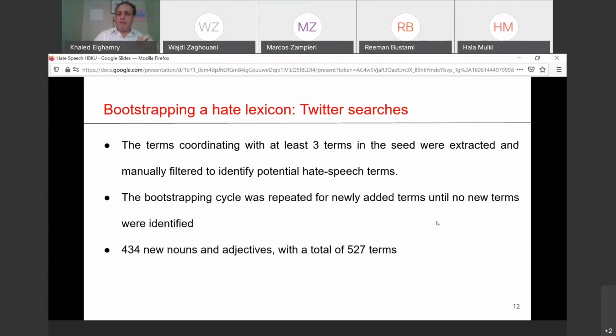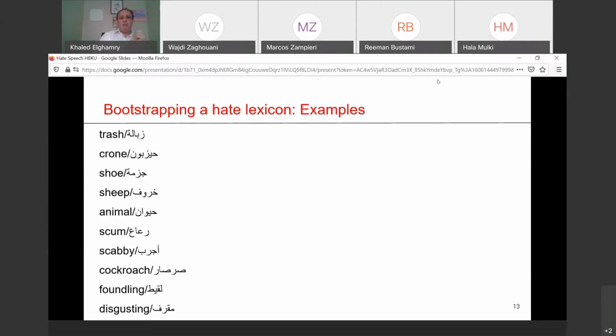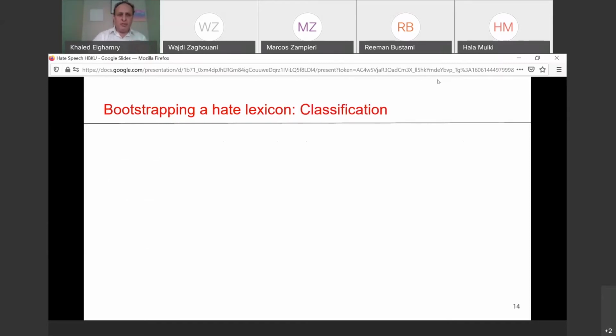After the bootstrapping phases ended, we have a total of 434 new nouns and adjectives, with a total of 527 terms. The new examples identified in addition to the seed presented the hate target as trash or using other hate speech terms that were not in the original seed.